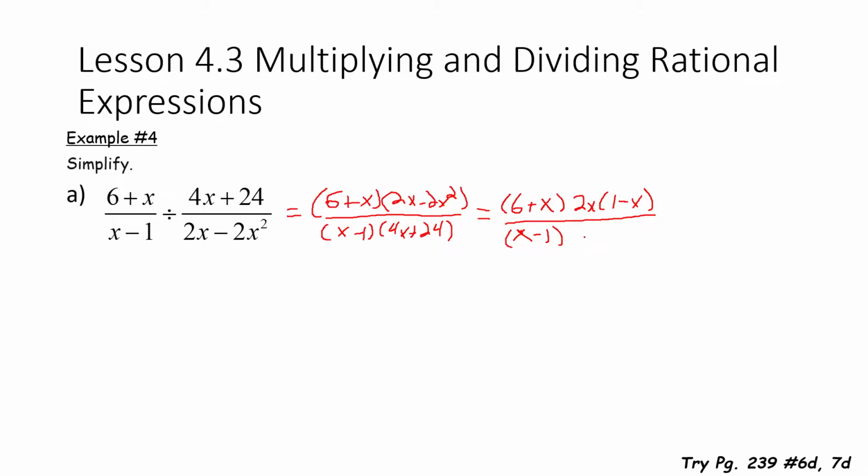Between 4x and 24, they both share a factor of 4. There's no shared x between the two terms, so the most we can pull out is a factor of 4. Pull 4 out of 4x, and you're left with x. Pull 4 out of 24, and you're left with 6. Now this is a fun little question because it demonstrates the difference between reversing the two numbers. 1 plus 2 and 2 plus 1, or 6 plus 1 and 1 plus 6, they both give you the same value.